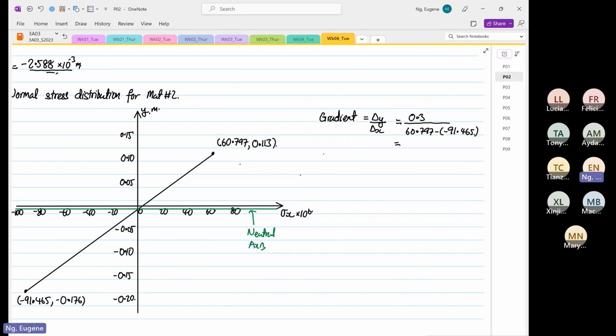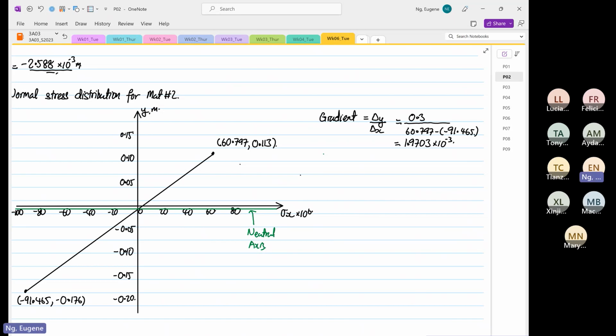So this will be 0.3 divided by 60.797 plus 91.465, which is equal to 1.9703 times 10 to the power minus 3. Let me do it again. So 0.3 divided by 60.797 plus 91.465. Yep. Okay.